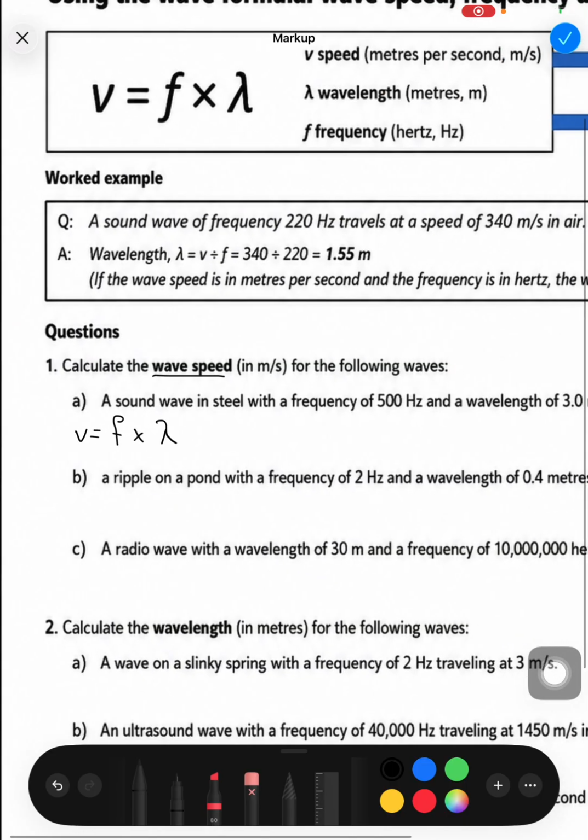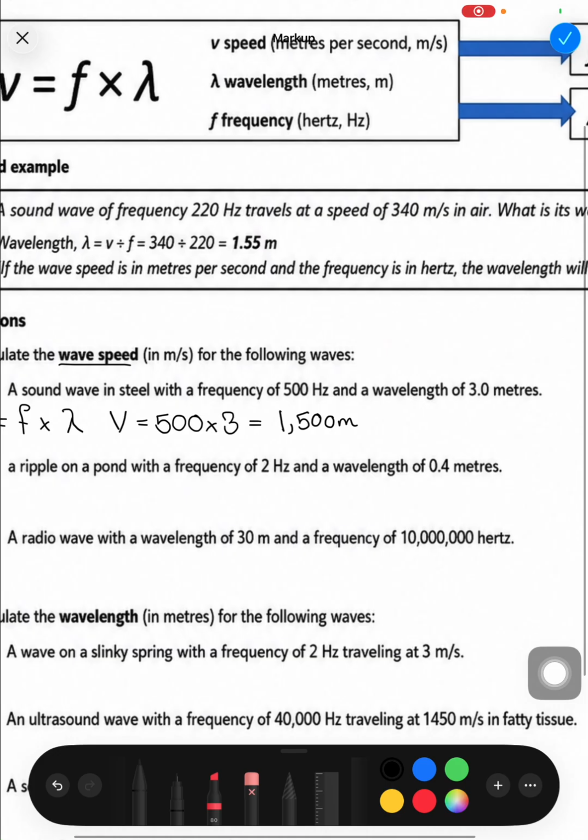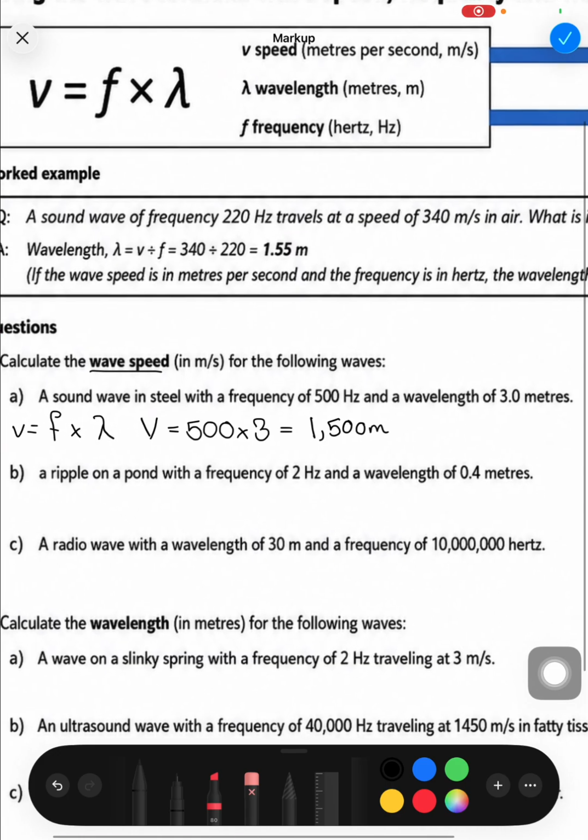So V is equal to frequency of 500 multiplied by the wavelength of 3, which is equal to 1500 meters per second.